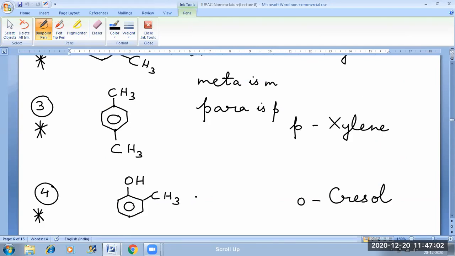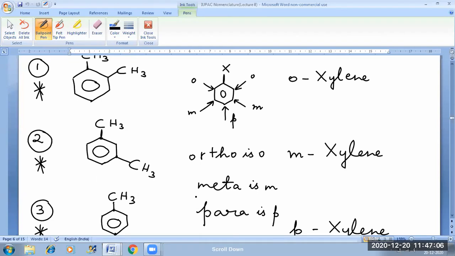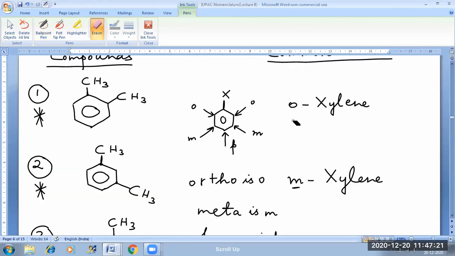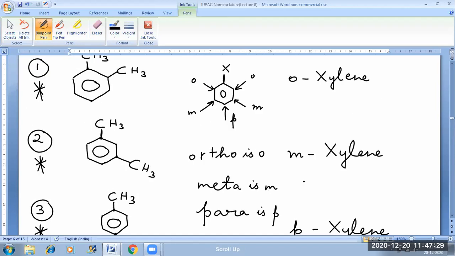Okay, now let's understand the meaning of this particular thing, the positions. The common names may use these letters O, M, and P, small o, small m, and small p. What is the meaning of each of these? Small o, small m, and small p. Small o stands for ortho, small m stands for meta, and small p stands for para.